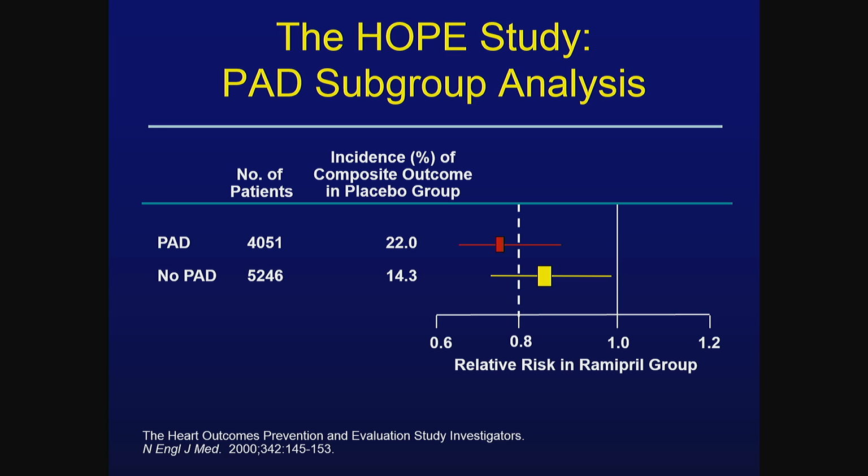In the HOPE trial, patients with peripheral artery disease were evaluated by being randomized to either placebo or the ACE inhibitor ramipril.